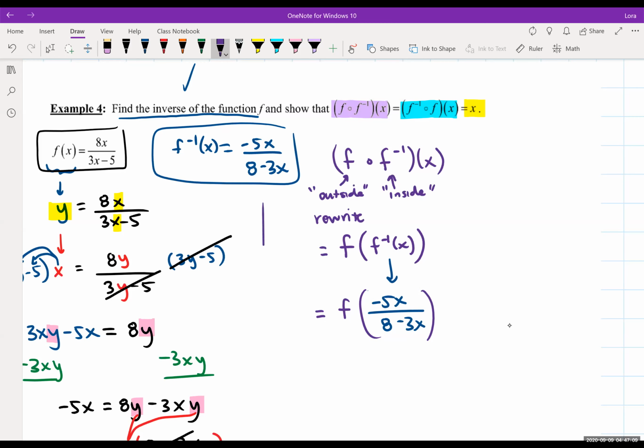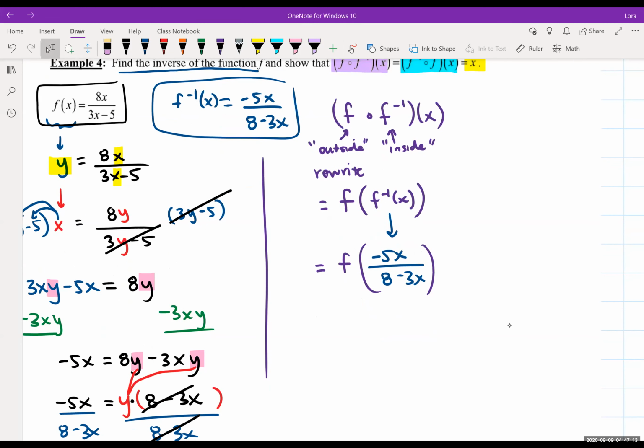Okay, so a little separate work, so I'll draw a line. So f of negative 5x over 8 minus 3x is notation to tell us to, and I might as well write it in English, we're actually plugging in negative 5x over 8 minus 3x.